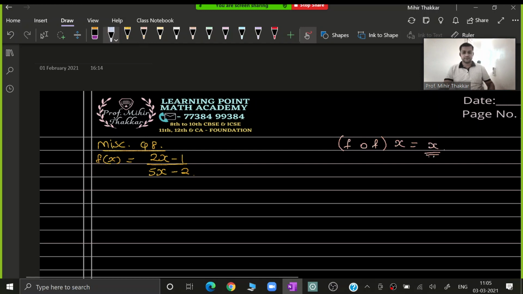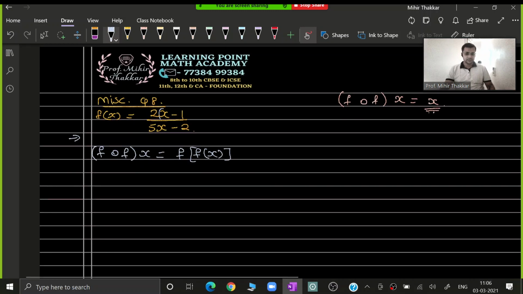So let us check. f of f(x), as I told you, is f of f(x), according to which I have to replace x in the function f(x) by f(x) itself.